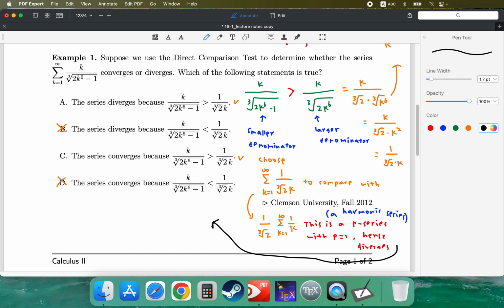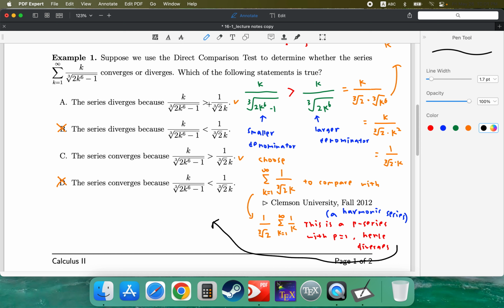So the series we pick is divergent, and we know that our term is greater than the term we pick. The series we pick is divergent, that means this guy is Bruce Wayne. And we earn more than Bruce Wayne, right? Because that's a greater than. That means we earn more than this guy we pick.